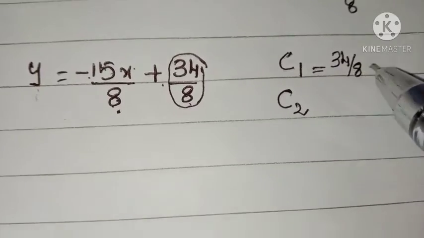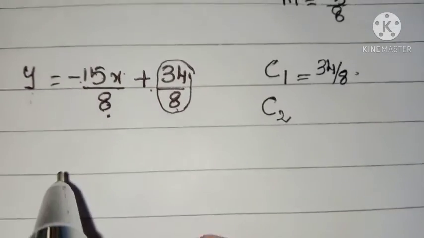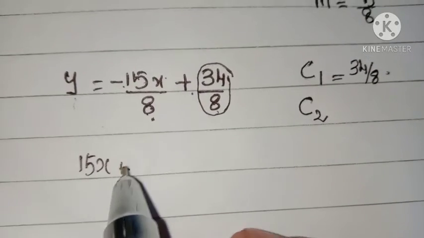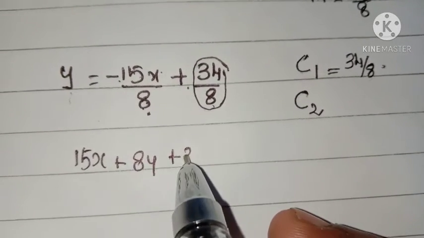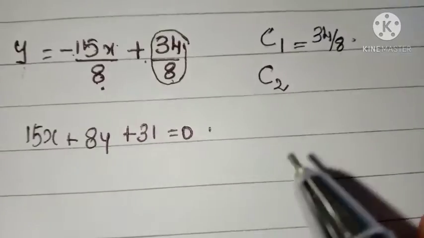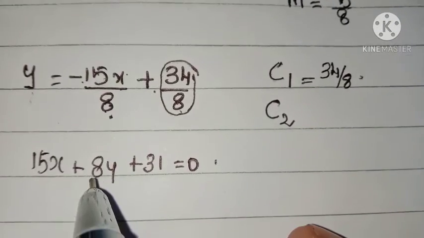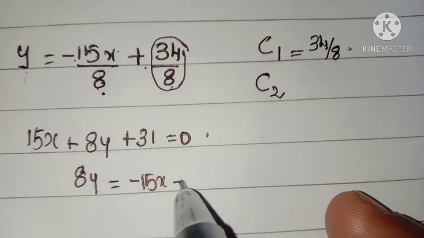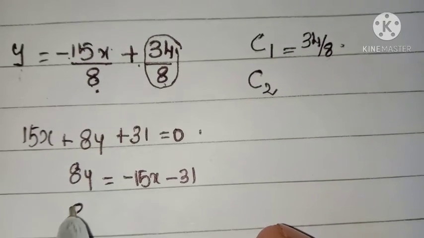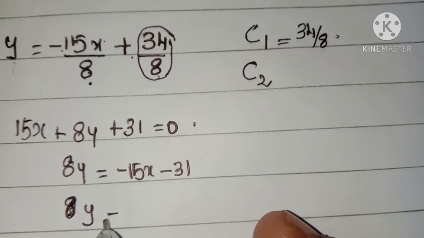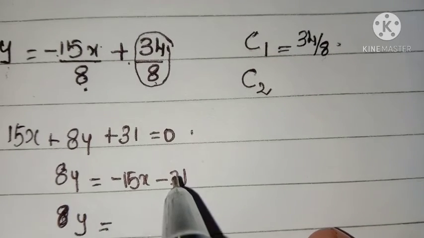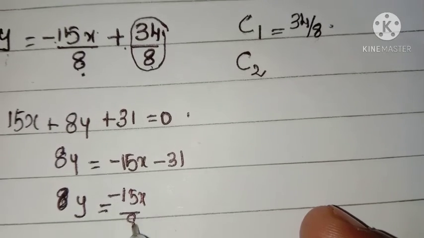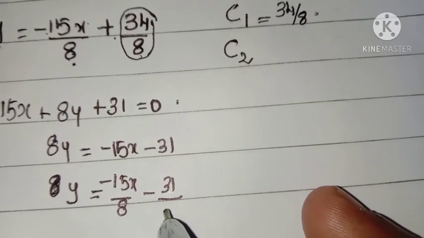Similarly, the second equation is 15x plus 8y plus 31 equal to 0. We can reduce it as 8y equal to minus 15x minus 31, or y equal to minus 15x by 8 minus 31 by 8.